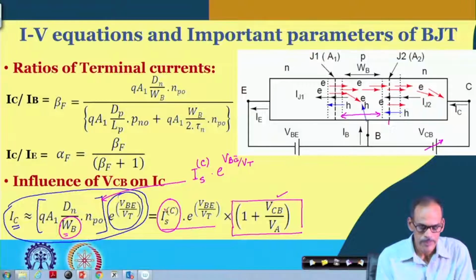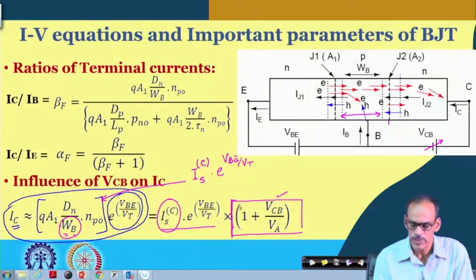So, if I consider WB remaining constant, then only we can get the expression of I_S of the collector. But in case we really want to capture the effect of VCB on WB, instead of looking into how much the change is happening, we like to capture that dependency as a separate factor like this, 1 plus VCB.